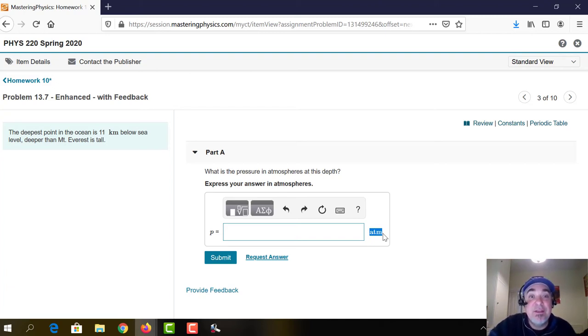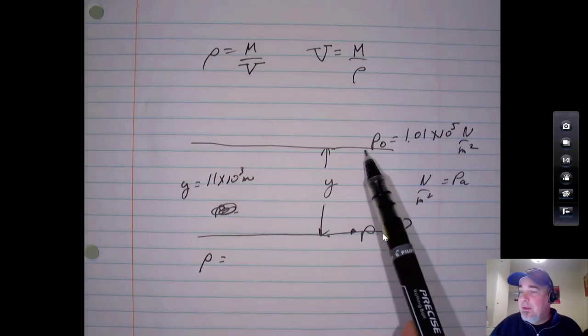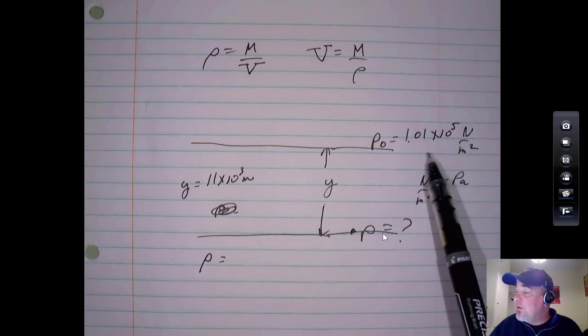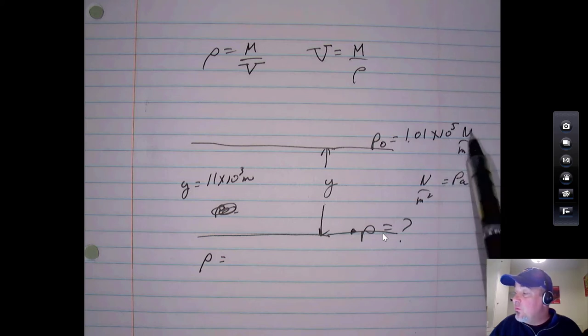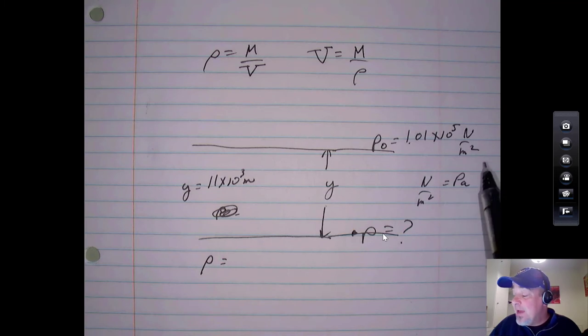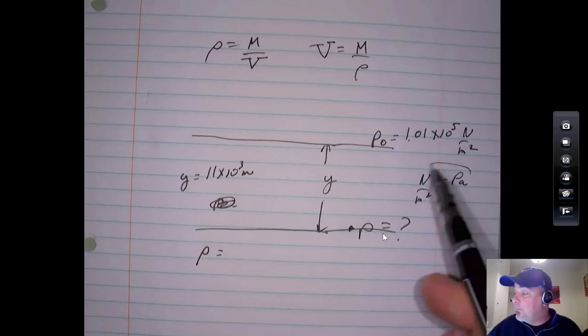So let's actually calculate this pressure. Here's the top of the ocean. This is just atmospheric pressure. Atmospheric pressure is 1.01 times 10 to the 5th newtons per square meter, or you could say 1.01 times 10 to the 5th pascals. A newton per square meter is a pascal.